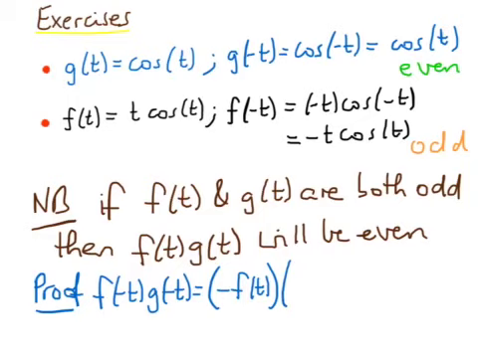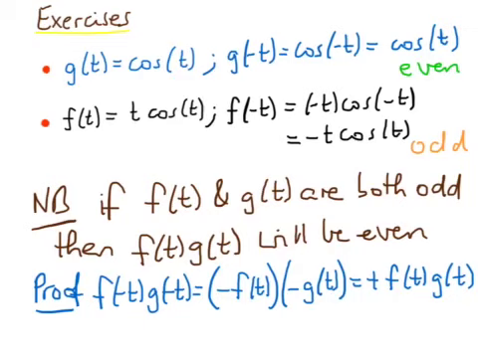Because it is also an odd function, we get minus g of t. So when we multiply these brackets out, we're going to get 2 minus signs multiplying together. So we're going to get overall plus f of t times g of t, and that's what we expected. This is clearly an even function.